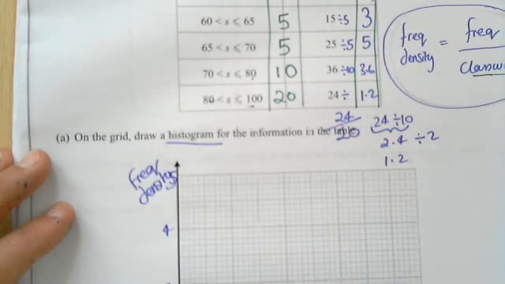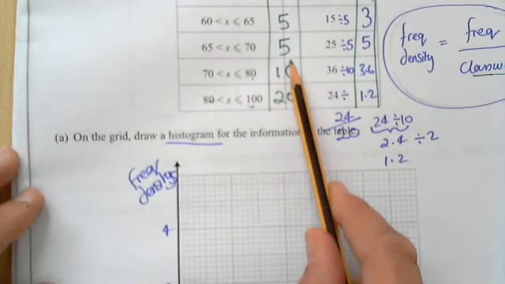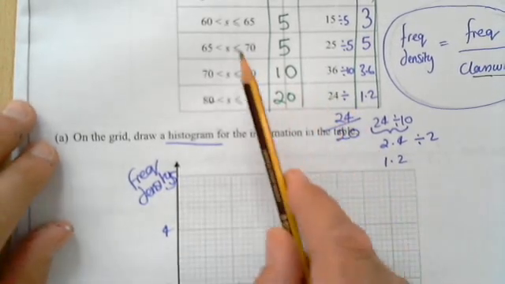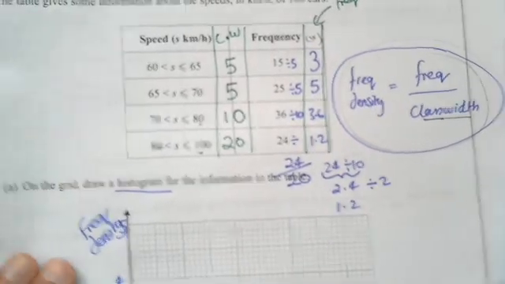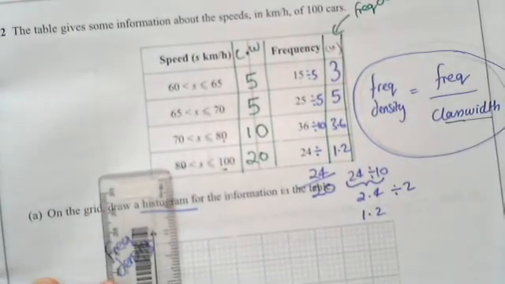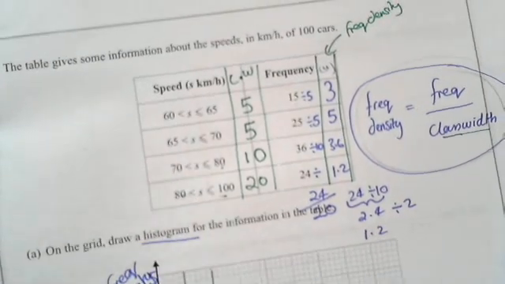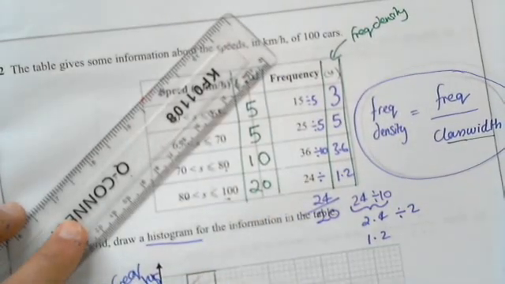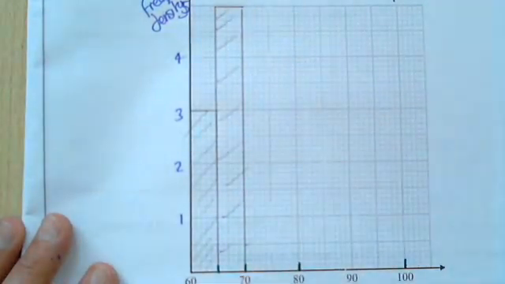We're going to now start to draw the bars. From 65 to 70, our height is 5 for that one, so we'll go right to the top. So 65 to 70, I've drawn a bar with height of 5 between these 2 points.